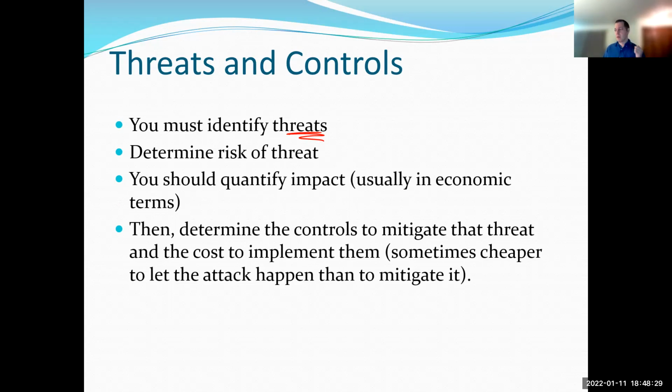What you're trying to exploit are the vulnerabilities in the network protocols themselves. You also determine the risk of the threat, quantify the impact, and then determine the controls that would be appropriate to mitigate this threat.